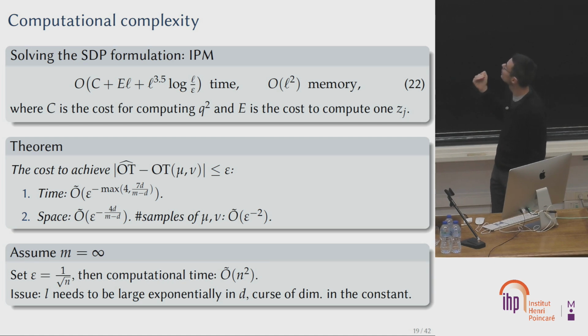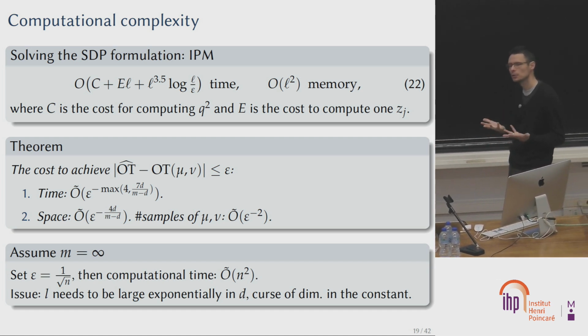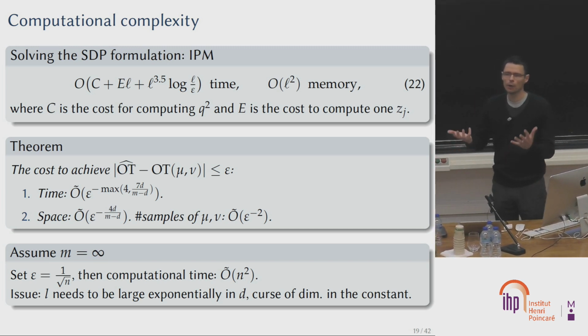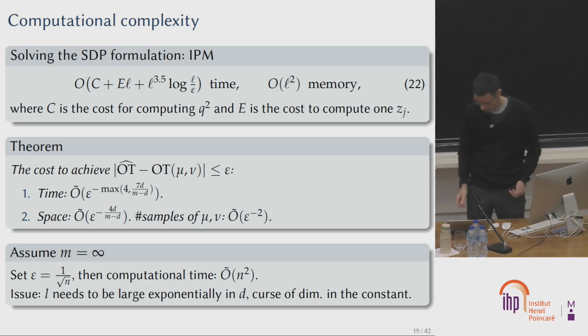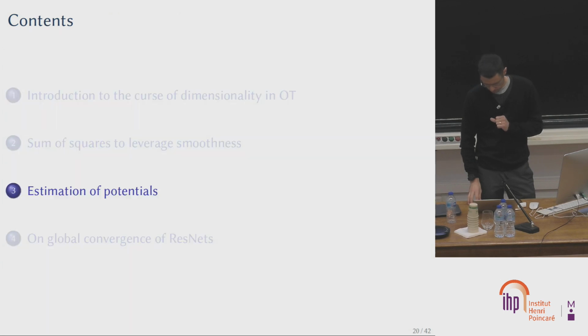When we assume that the regularity is super high, we have a cost of O of n squared. So it seems like we have solved the problem. But in fact, the curse of dimension is still present in the constant. And in order for this result to really apply, we need to have a lot of samples if the dimension is high. So in fact, the curse of dimension is present in the constant.